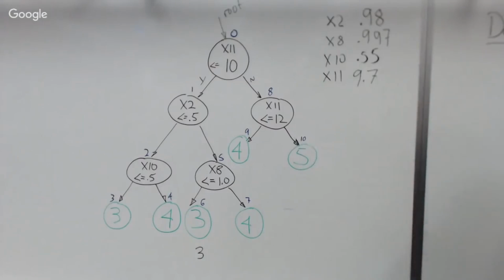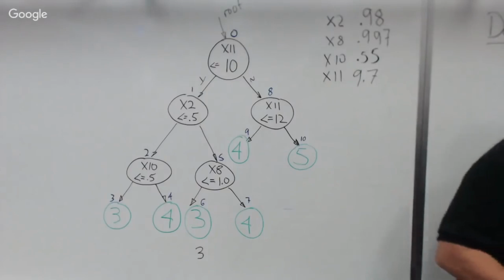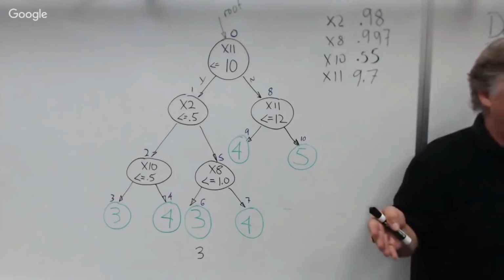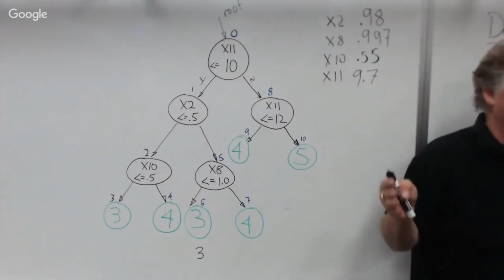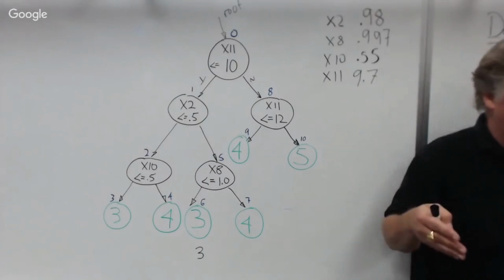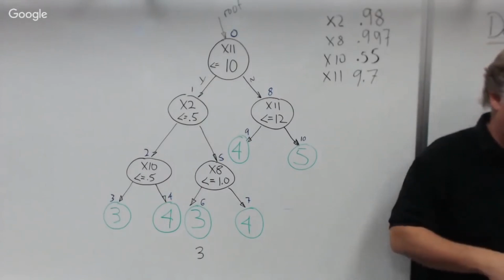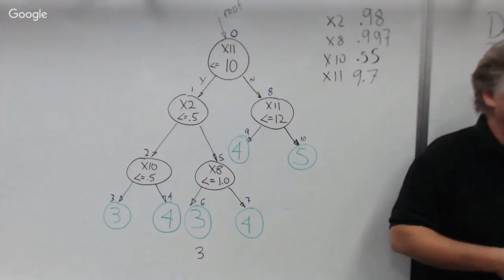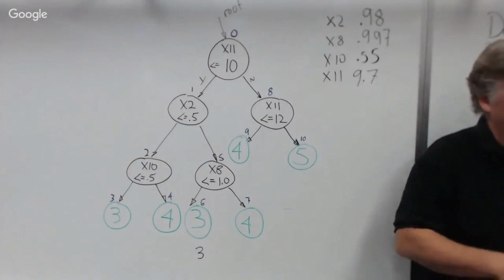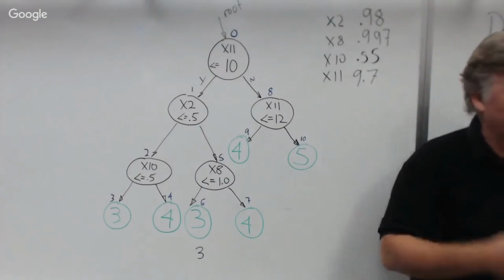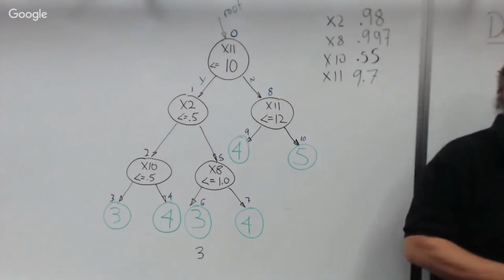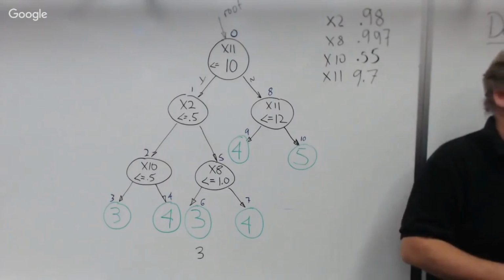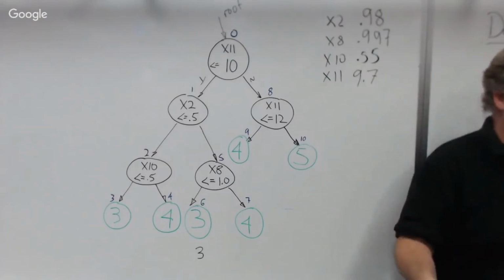But here's something for you to think about. Let's suppose we take half of our data and we build a tree like this. In this case, I think there's 1,600 rows, where each row is one sample. So let's suppose we took 800 of those examples and built a tree.